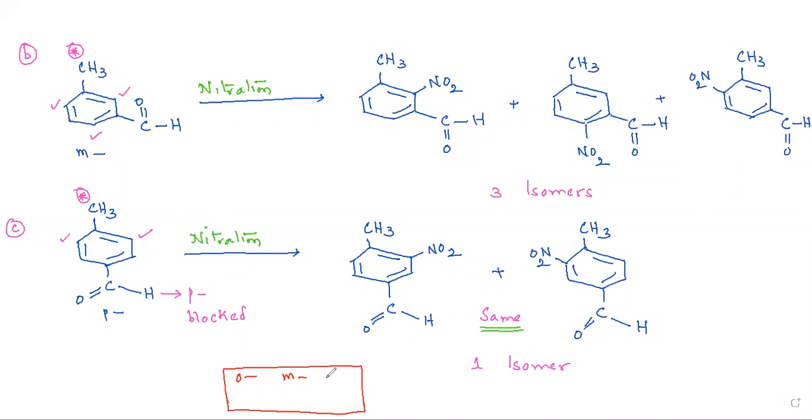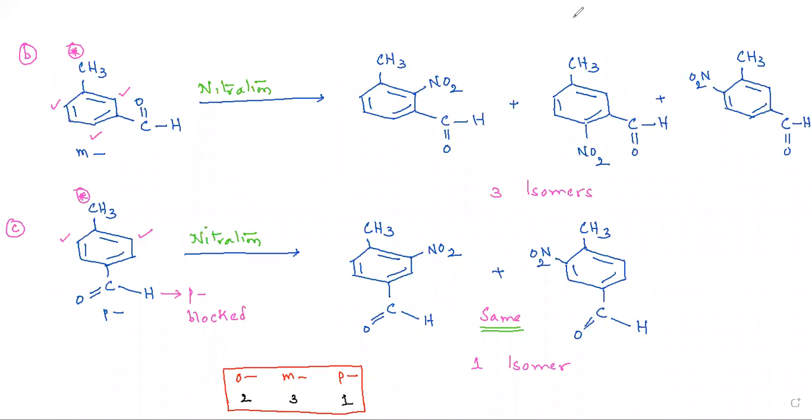Now the final mantra. In general, when you have one ortho para and one meta substituent, this is a mantra. So this way, the two substituents present already on the benzene ring decide the fate of the third substituent.